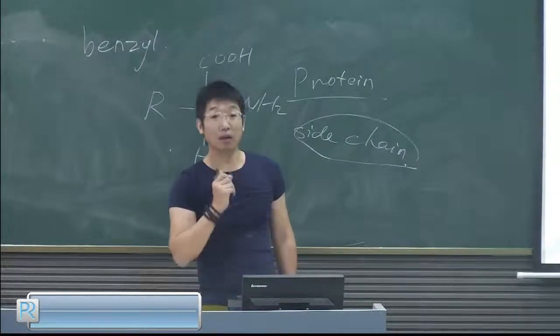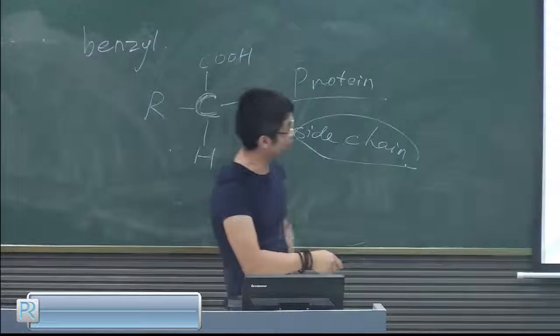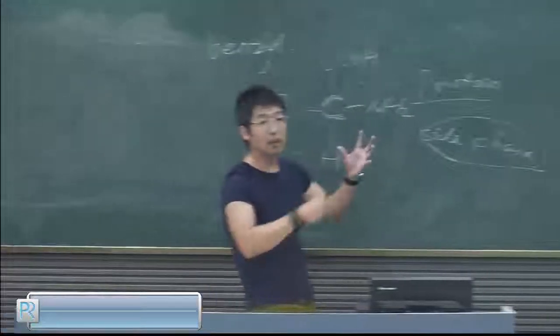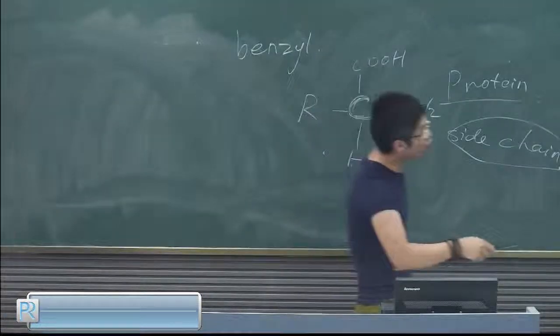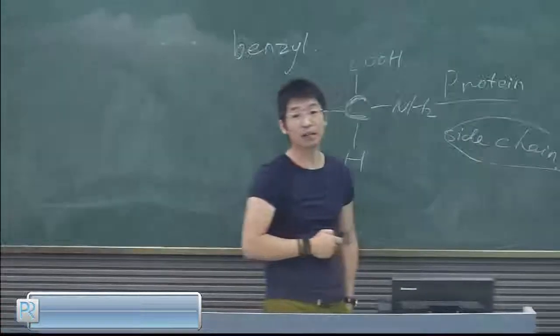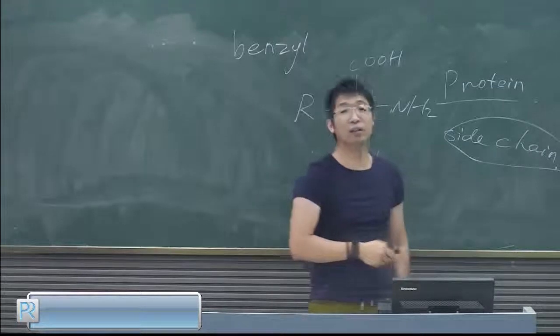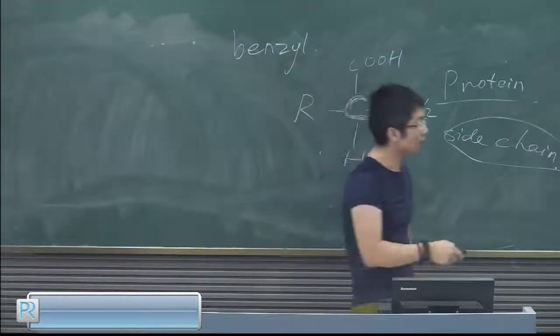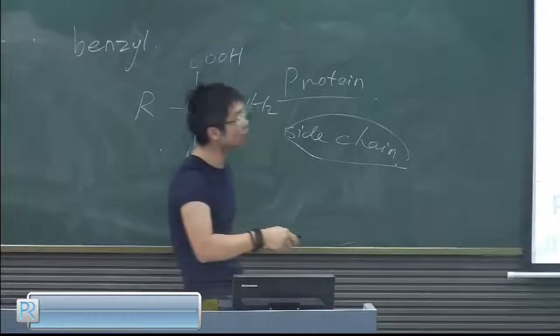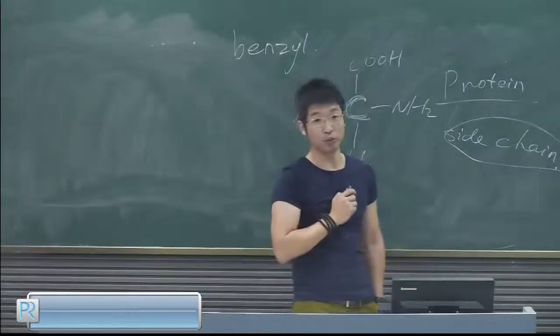The alpha carbon atom is surrounded by four different groups through covalent bonds. The first important group is the carboxyl group.